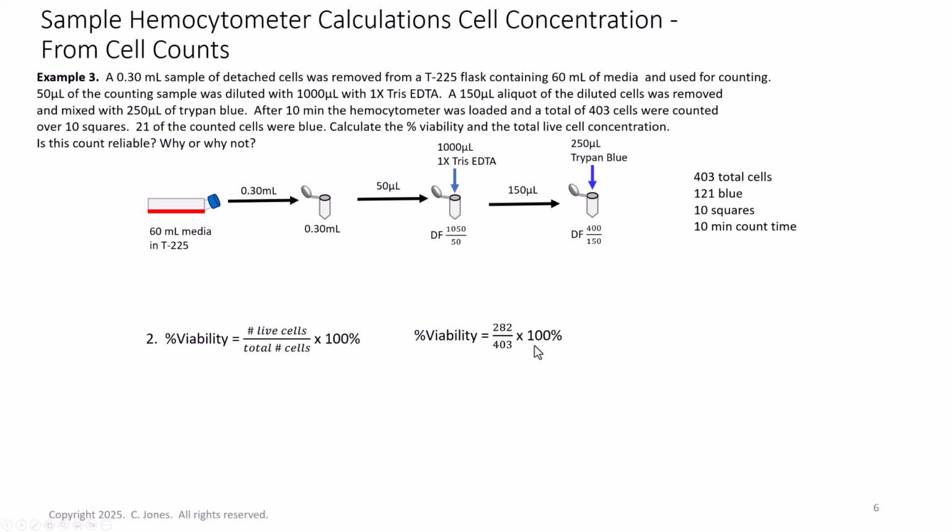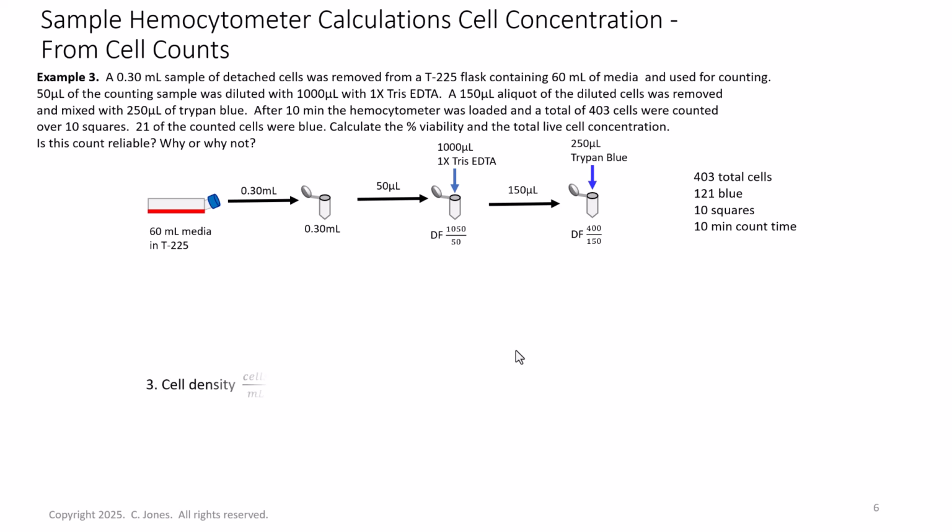So this is going to be 282 live cells divided by 403 total cells times 100% gives us a viability after we round this up, because when you did this on your calculator, it was like 69.99%, and we can only have our three significant figures. So the viability, we round it up to be 70%. So we observe the rules of significant figures.